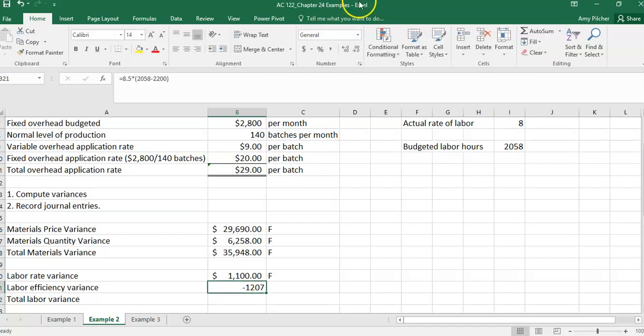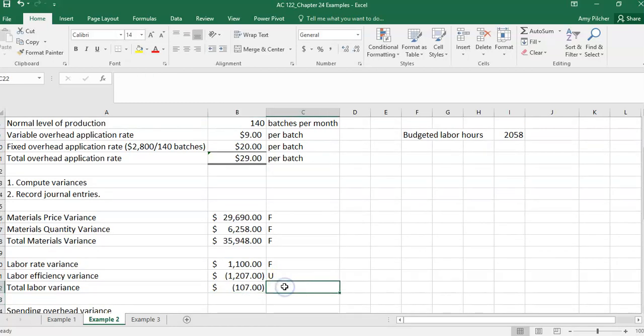And we get negative $1,207, which is an unfavorable efficiency variance. We add these two variances together. We have a total labor variance that is unfavorable and is negative $107. Something that can explain a positive rate variance and a negative efficiency variance would be if we had newer employees on board.